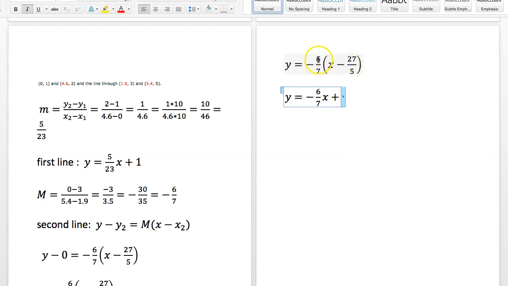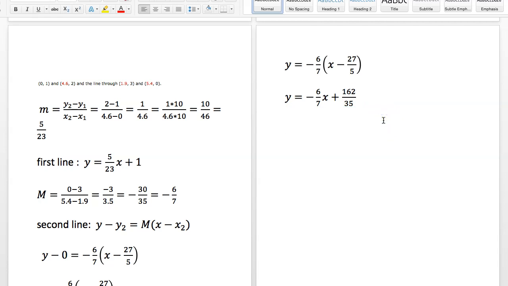Now, I don't see any cross canceling, guys. 6 and 5, no. 7 and 27, no. 7 times 5 is 35. This times this. And 6 times 27, 6 times 7 is what? 42. Carry the 4. 6 times 2 would have been 12, but 12 plus 4 is 16. Yeah, 162.